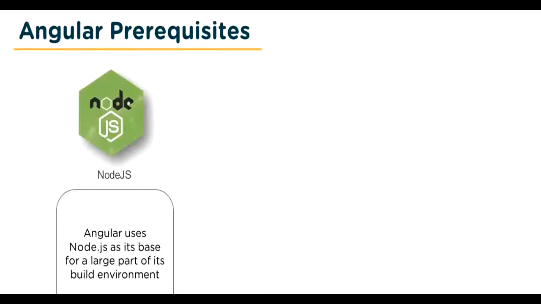The first software you need to have is Node.js. Angular uses Node.js as its base for a large part of its build environment. As a result, to get started with Angular, you need to have Node.js installed in your environment. So please download Node.js from the official website of Node and install it on your machine.